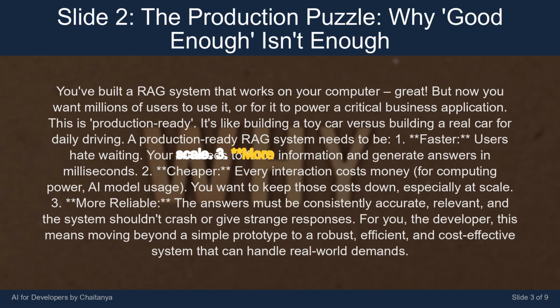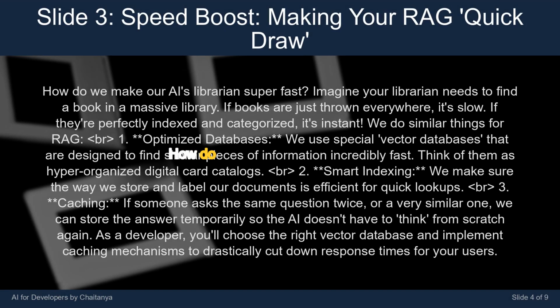More reliable. The answers must be consistently accurate, relevant, and the system shouldn't crash or give strange responses. For you, the developer, this means moving beyond a simple prototype to a robust, efficient, and cost-effective system that can handle real-world demands.